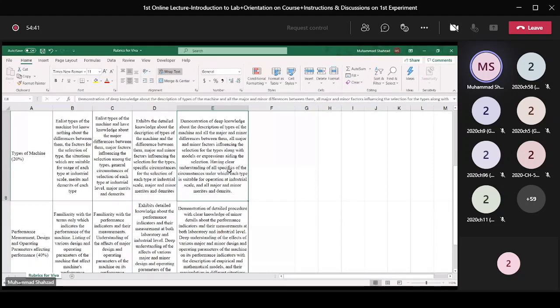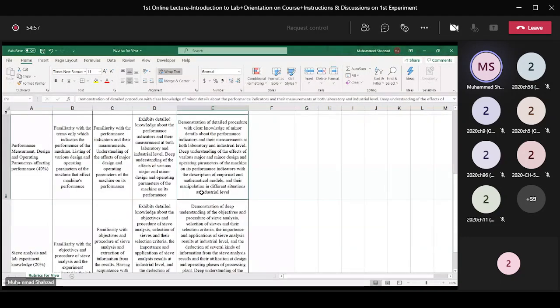Having clear understanding of all specifics of the circumstances under which each type is suitable for operation at industrial scale, and all major and minor merits and demerits. This is the second section of the Viva for maximum marks.